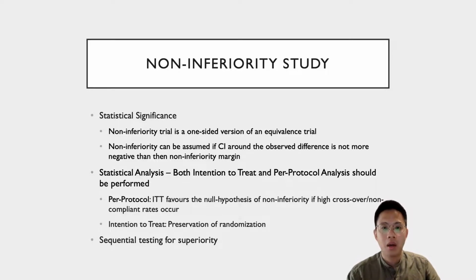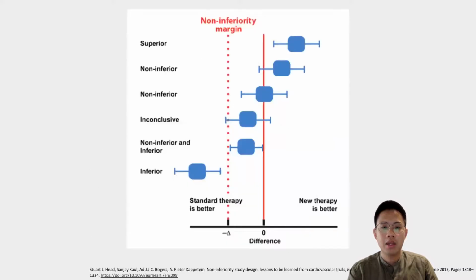If one or the other analysis shows a failure to show non-inferiority, then one has to be cautious in interpreting the results. As mentioned, one can also consider testing for superiority if the non-inferiority margins are met. This is going to be illustrated in the next slide.